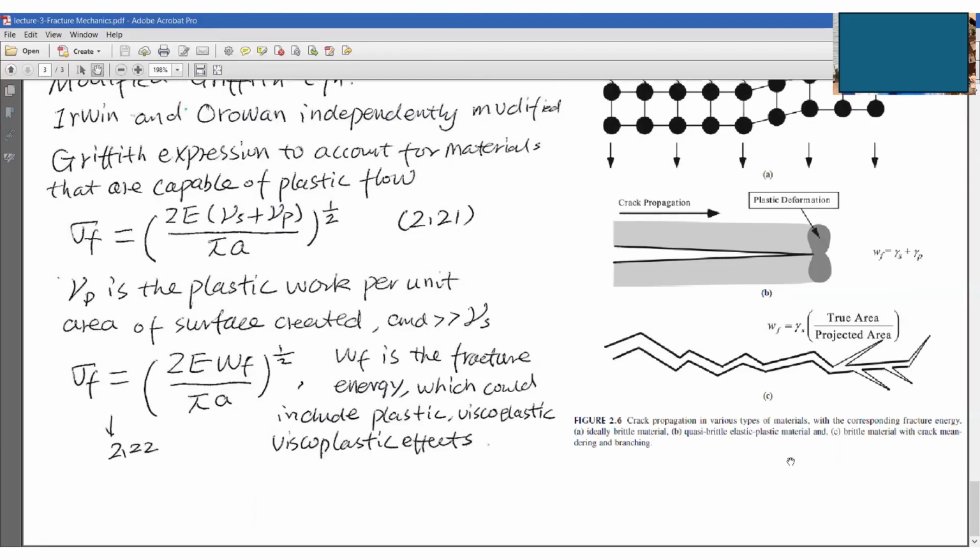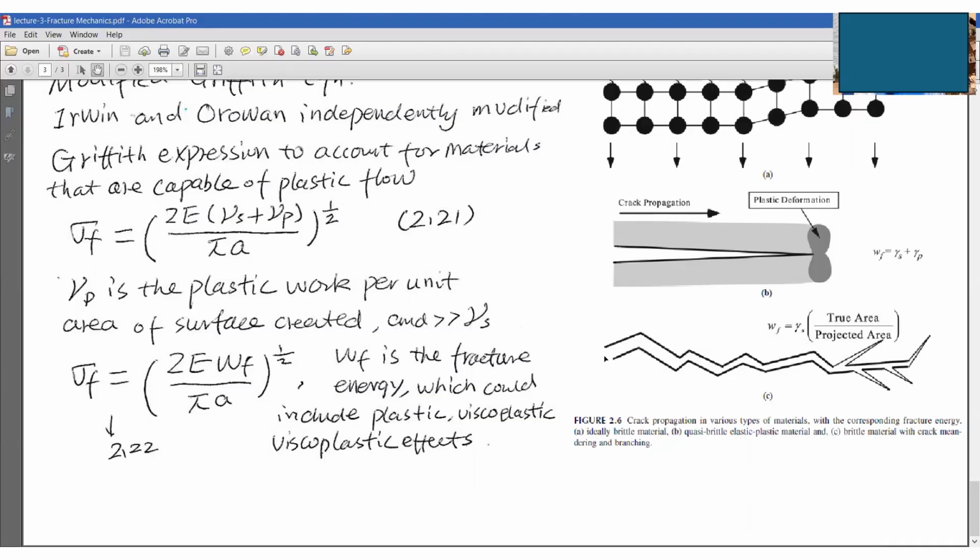is this. This is the brittle material with crack, medium, and branching. So for this one, W_f equals gamma_S multiplied by the true area and divided by the projected area.